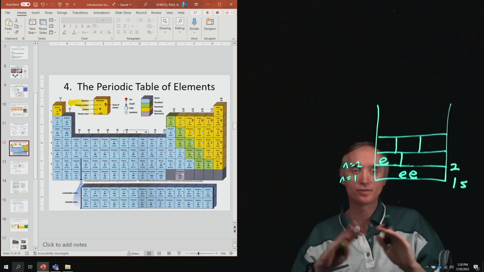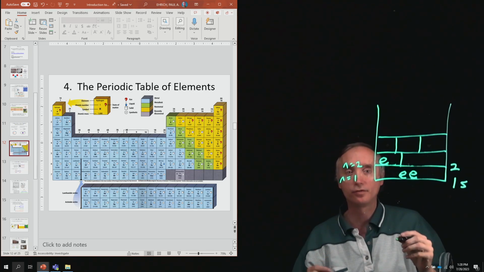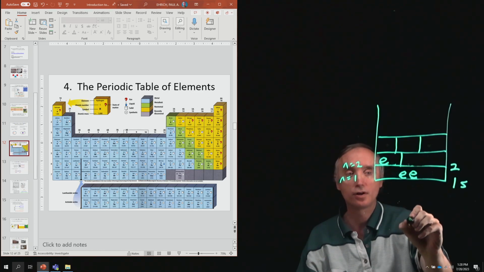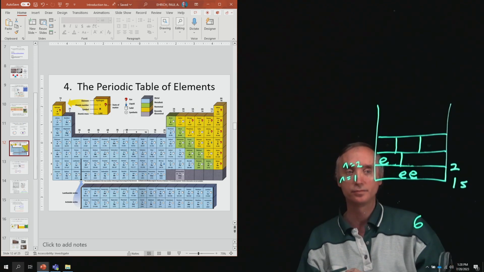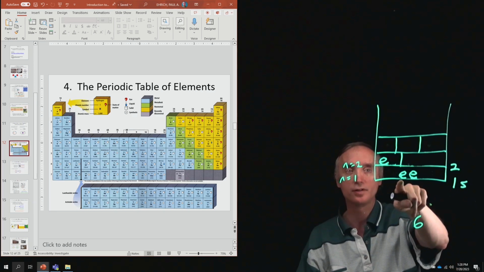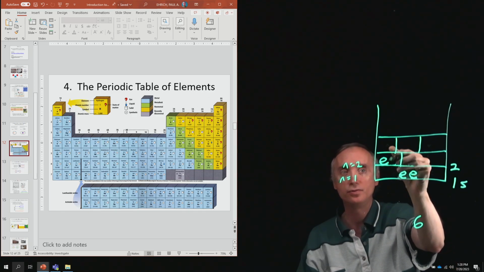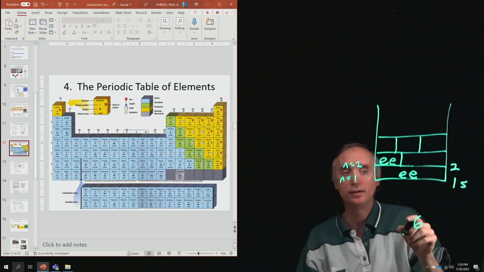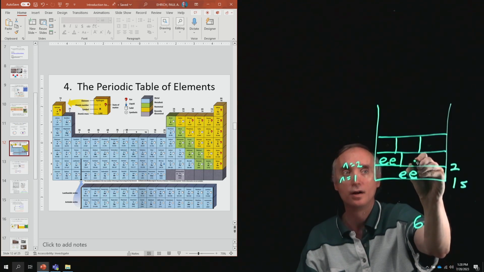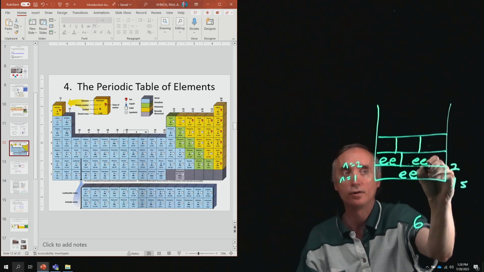And now we could continue doing this. So let's, just for the sake of argument, let's do it for carbon. So carbon is going to have 6 electrons. So 2 of the electrons live here, 2 of the electrons are going to live here, and then the remaining 2 electrons are going to go over here.